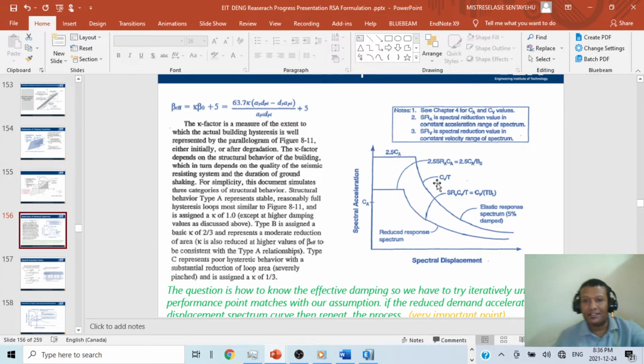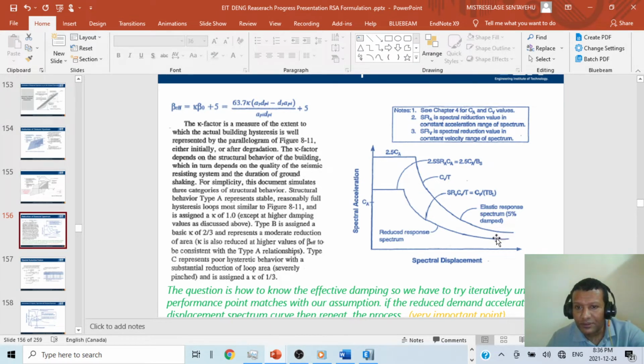So once we know the equivalent viscous damping, as you can see, if you have the first demand curve and you want to reduce it, if you have 2.5 CA, you have to multiply it by SRA. Okay, 2.5 times SRA times CA, so this is equal to 2.5 times CA over BS. Again, this is for the constant acceleration area.